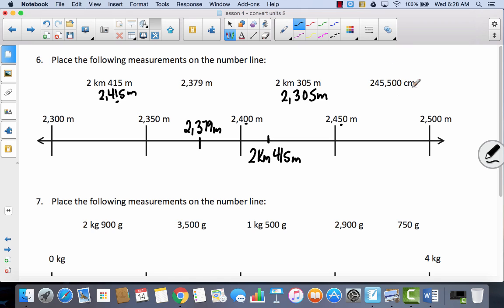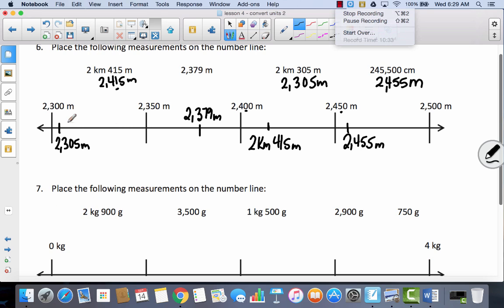So how many hundreds are in this number? Well, I have 2,455 hundreds. That means I have 2,455 meters. Now I want you to figure out where these two measurements go on the number line. Go ahead and pause the video, and then let's come back and see if we got them in the same place.